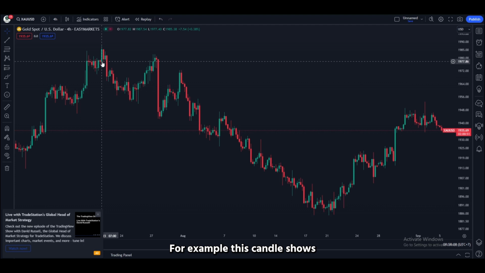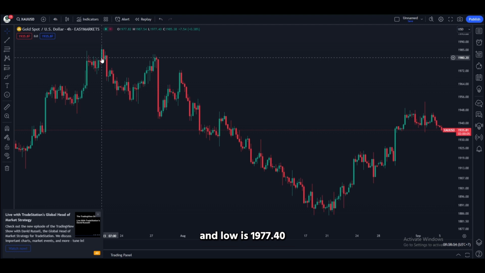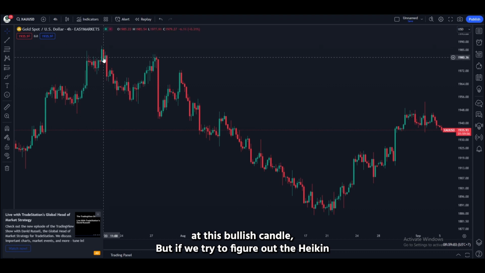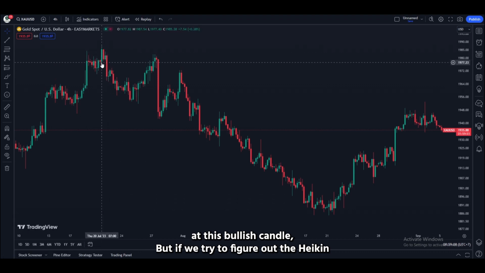For example, this candle shows that the candle's open is 1977.82 and the close is 1985.38, and the high is 1987.54 and low is 1977.40. This is a bullish candle.